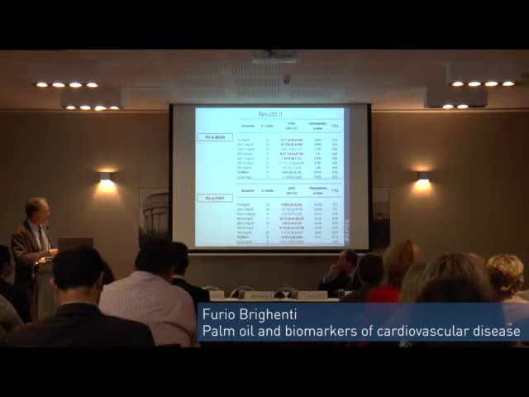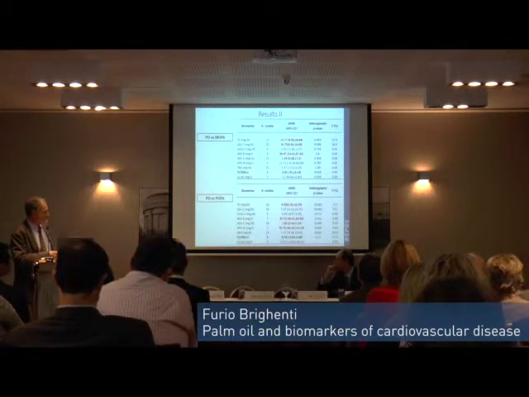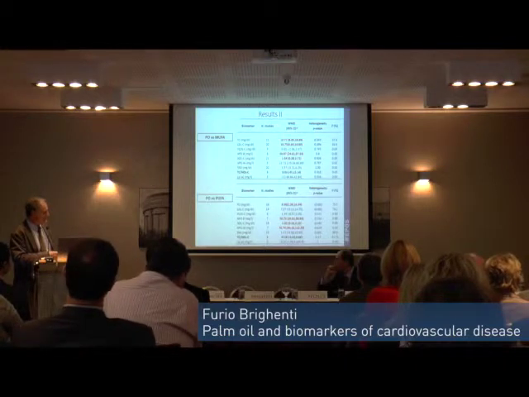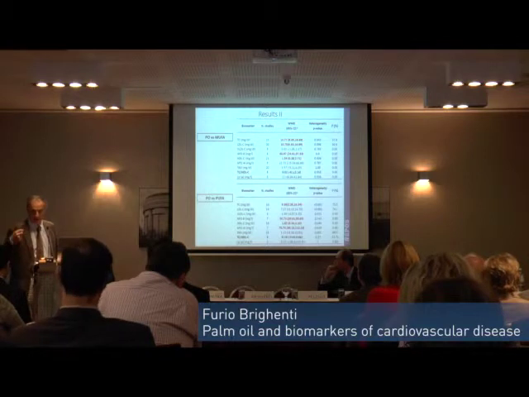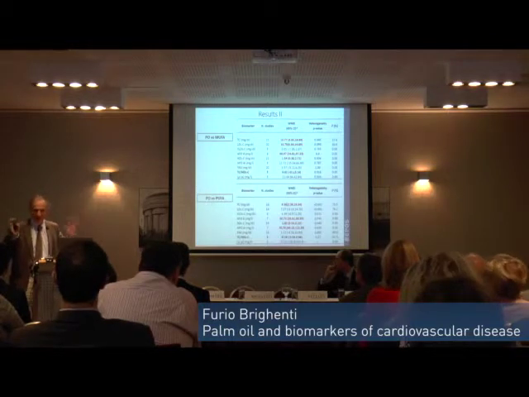Palm oil versus polyunsaturated. Again, an increase in total cholesterol, not significant on LDL cholesterol, a significant increase in ApoB, an increase in HDL, and also in ApoA1, which is the main apoprotein of the HDL. I take for granted that you know what HDL means and so on.